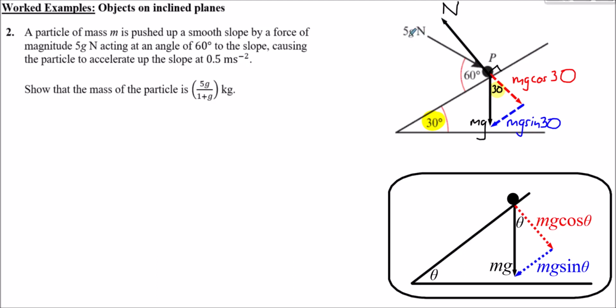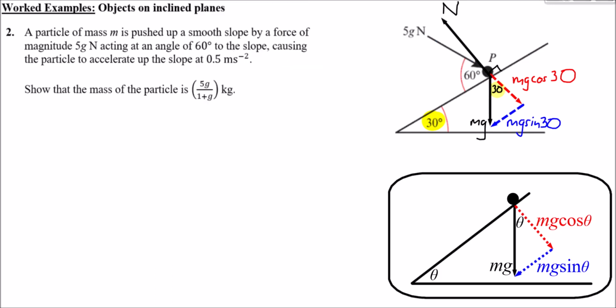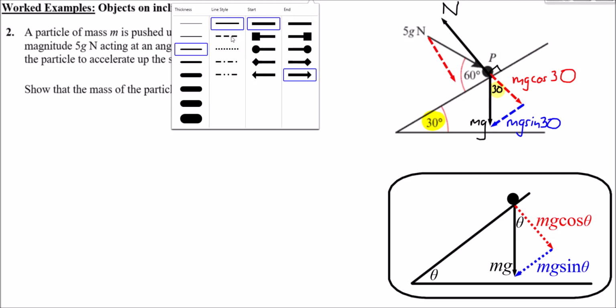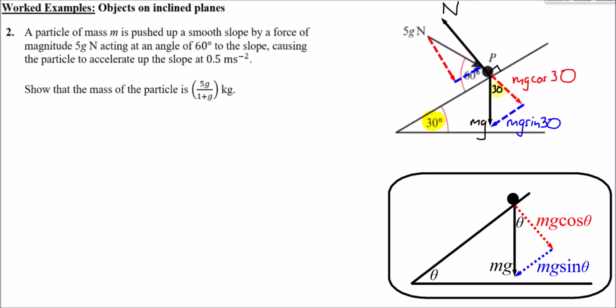And then this 5g force as well is actually at an angle, so we can use the same idea to resolve this. We can resolve it going perpendicular and parallel to the slope, just as we did with the weight. So going perpendicular to the slope, we're going to have a component like this, and going parallel to the slope, we're going to be having a component going like this.